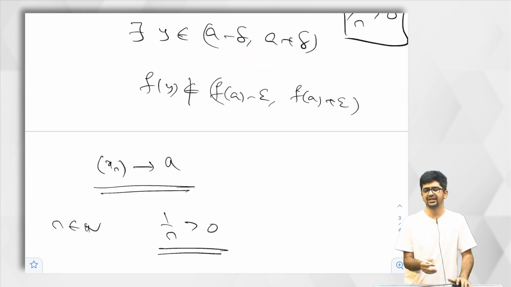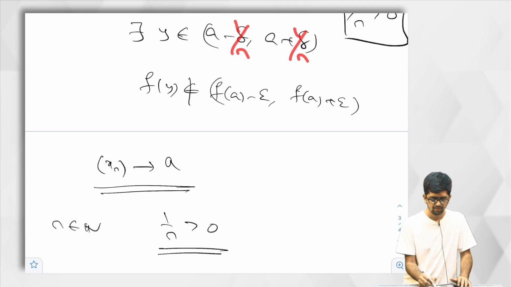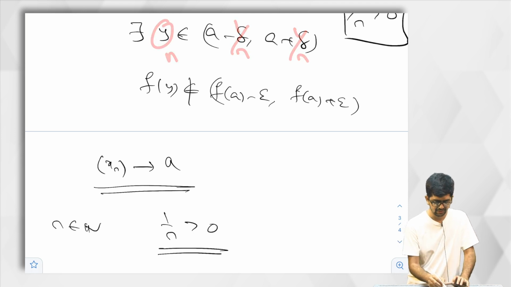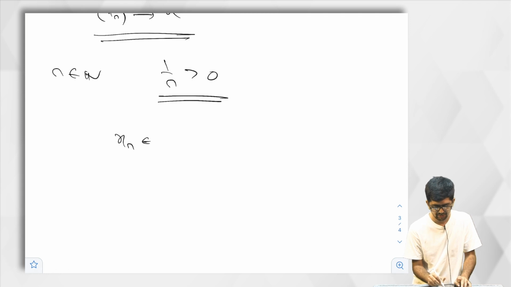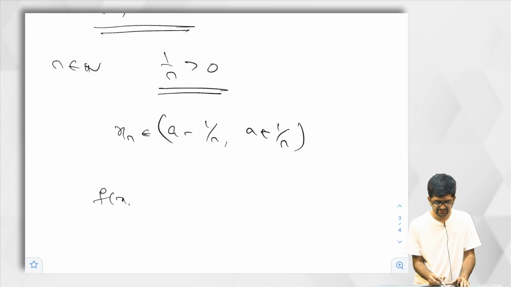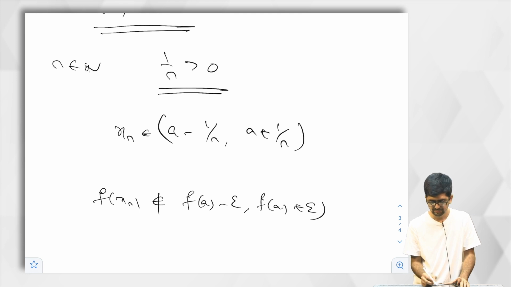Because we are indexing by natural numbers, we will be replacing delta by 1 by n and y by yn, or xn, whatever it is. So the sequence xn belongs to (a minus 1 by n, a plus 1 by n), but f of xn is not an element of (f of a minus epsilon, f of a plus epsilon).